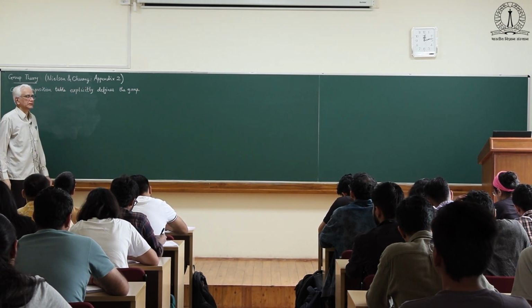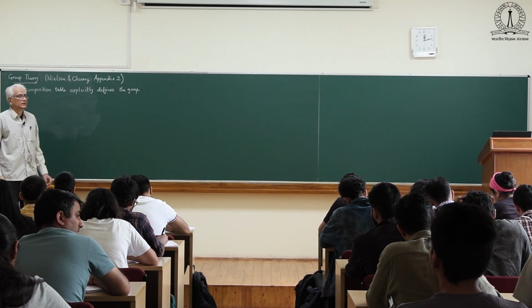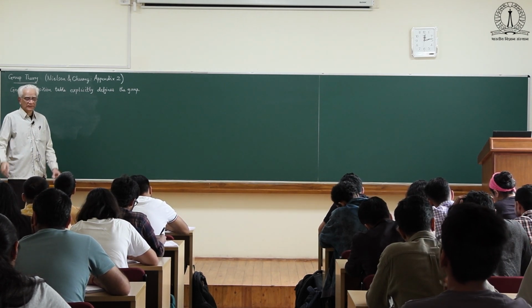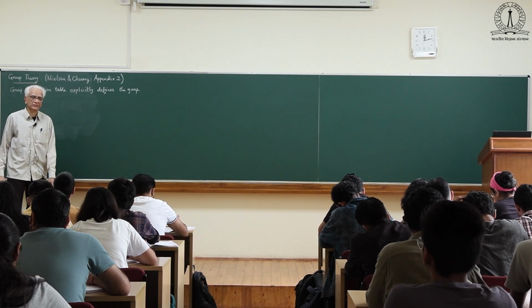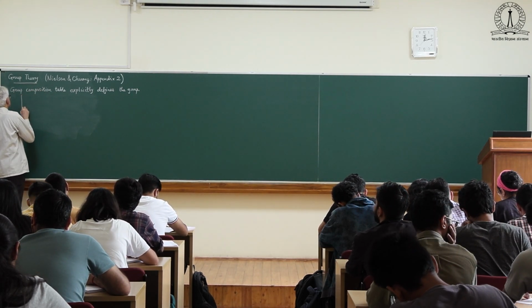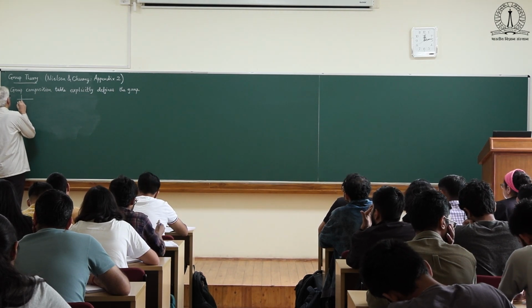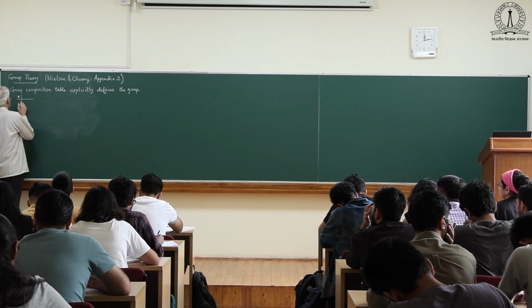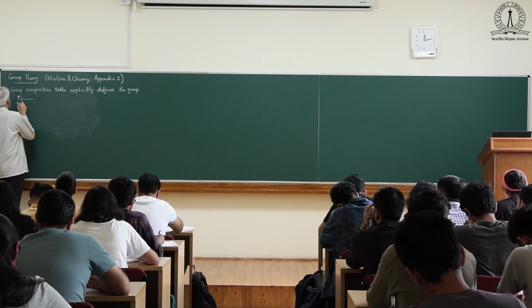Because what we need for the group is the list of elements and the result of combining them. So what this table essentially does is, it's some particular operation. This is the way it is written.